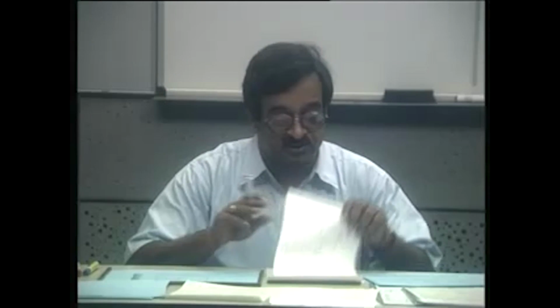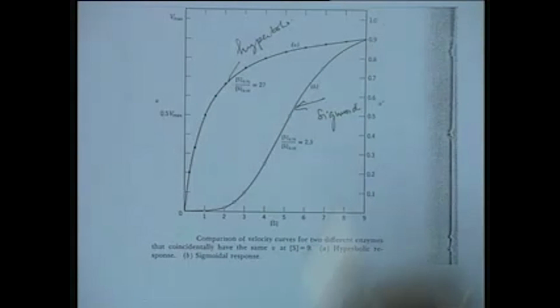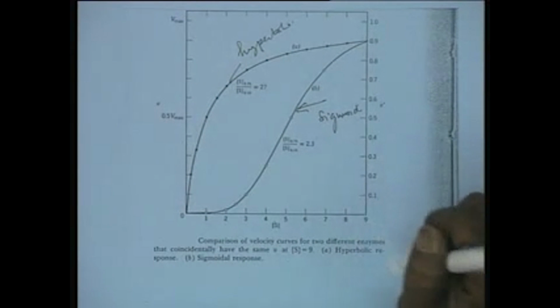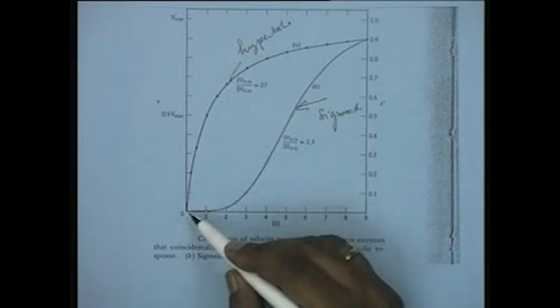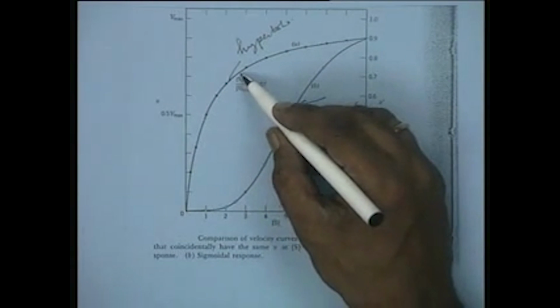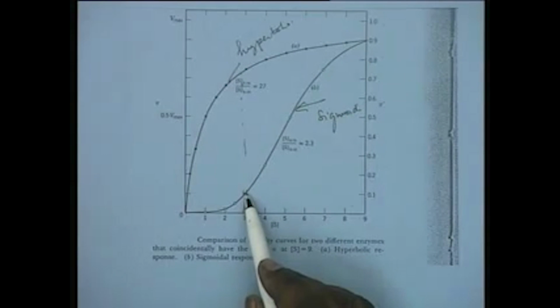Now, for example, if we notice here, in these two profiles which have identical reaction velocity at a high substrate concentration, for the two enzymes, let us assume that in the early phases, when the substrate concentration increases from 0 to 3 arbitrary units, whatever the units are, you will notice that in the case of sigmoidal kinetics, the reaction velocity is only 0.1, again in some arbitrary units.